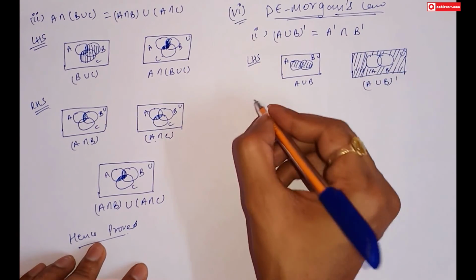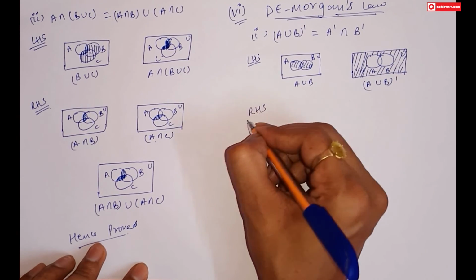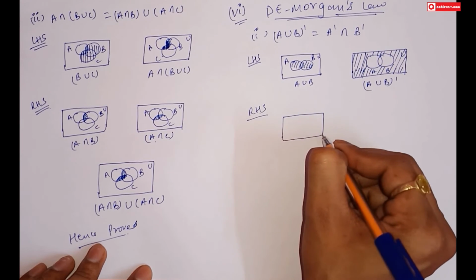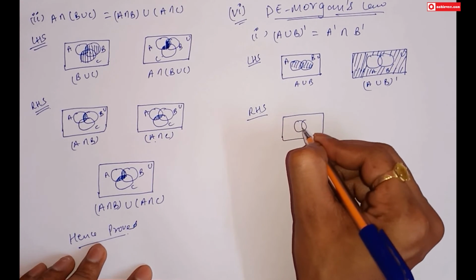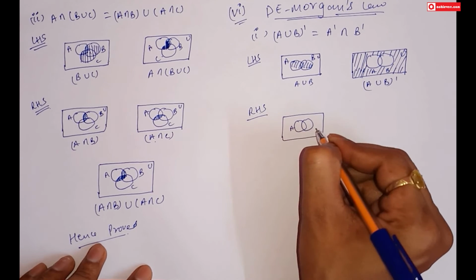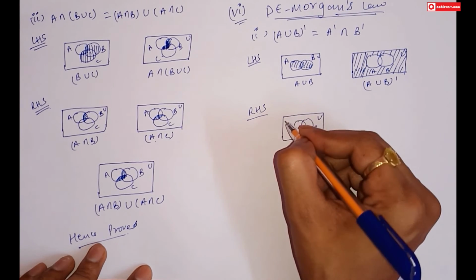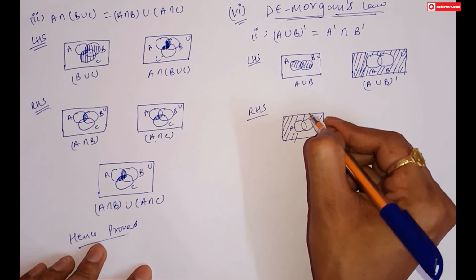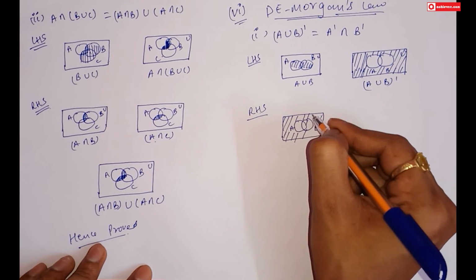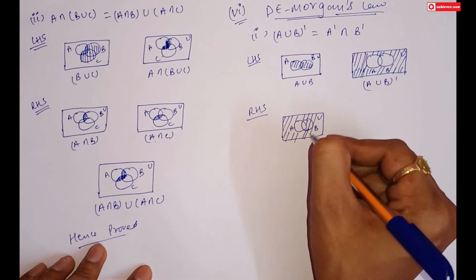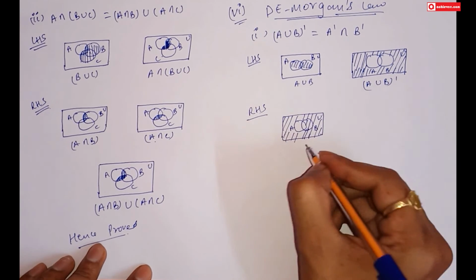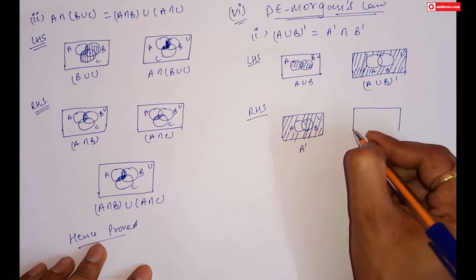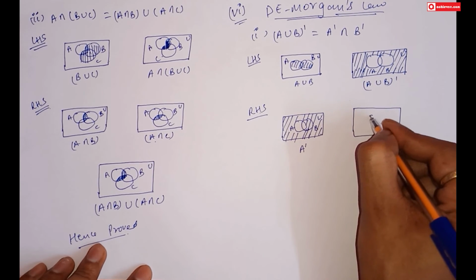Okay. So RHS will be A complement. What is A complement? This is A, this is B. A complement will include everything that is not in A. So this portion is included in B and not in A, so this will also be included in A complement. What is B complement?